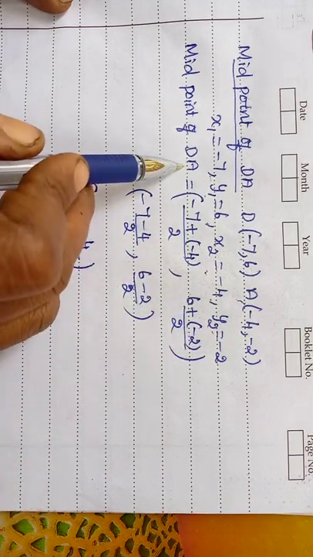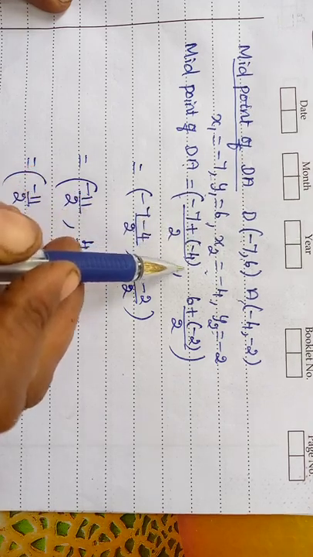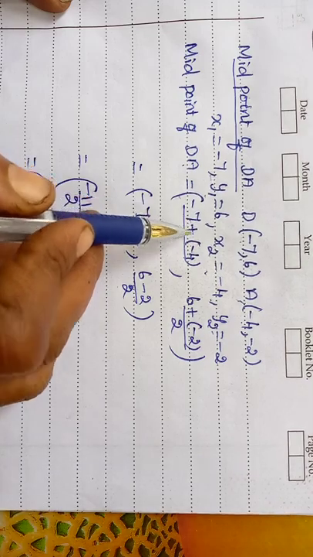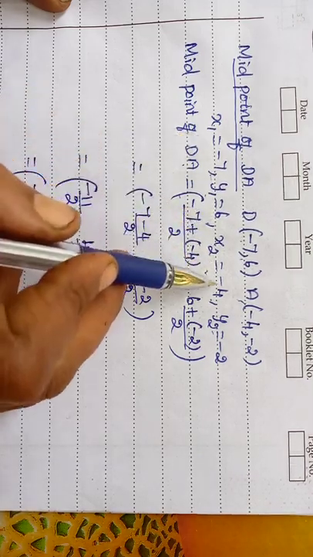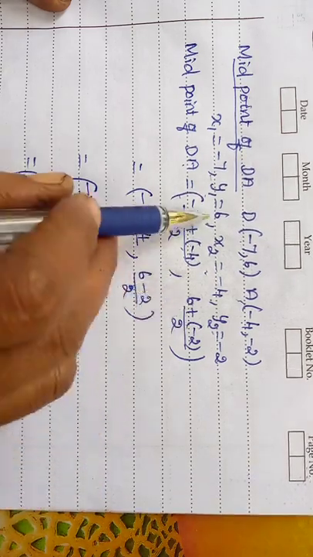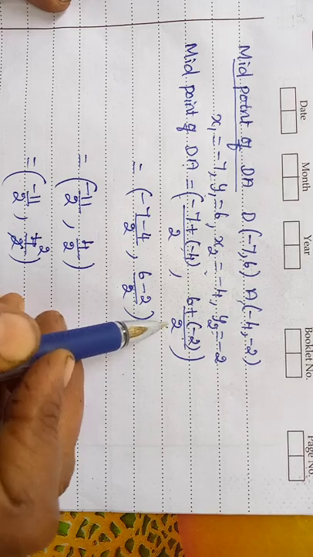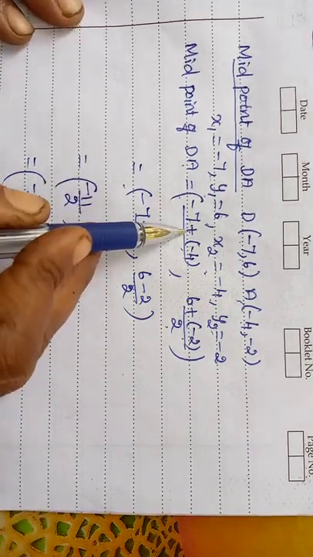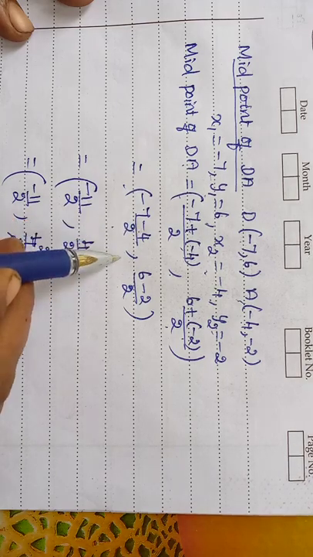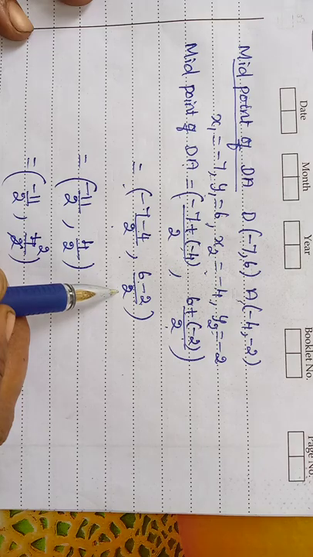Midpoint of DA is x1 plus x2 by 2 comma y1 plus y2 by 2, that is minus 7 minus 4 by 2 comma 6 minus 2 by 2.